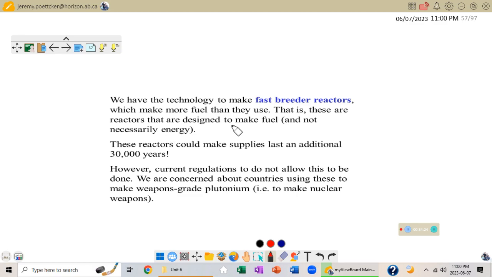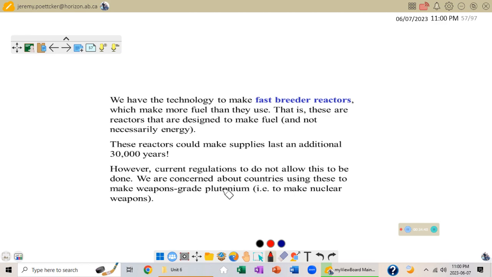We also have the technology to make what are called fast breeder reactors, which can make more fuel than they actually use. So these are reactors that are designed to make fuel, but not necessarily energy. These reactors could make supplies to last an additional 30,000 years, but current regulations don't allow this to be done.